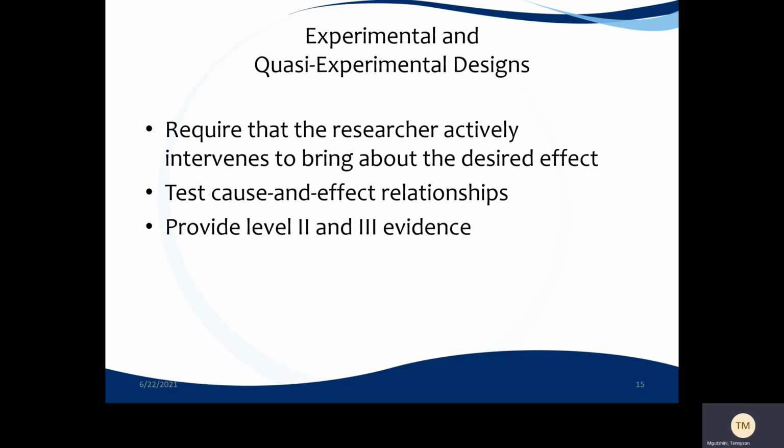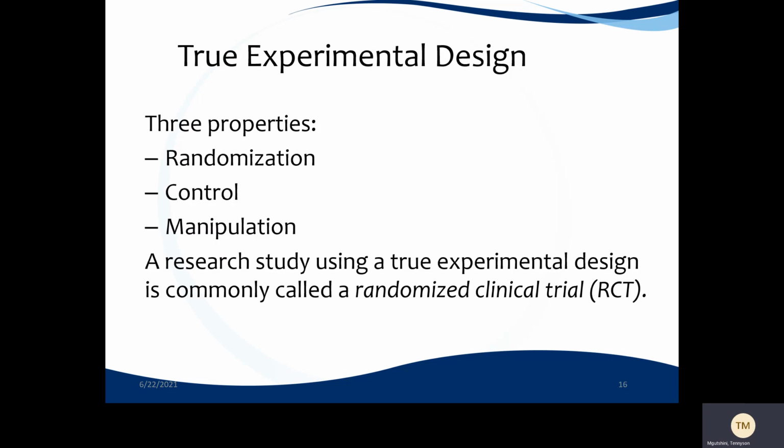The first one, and I need to explain to you, the experimental design. It generally has three properties. And these three properties are what make it an experiment. So for something to be an experiment in the true scientific research way, it must possess three characteristics. And these are three characteristics that make something a true experiment, or make something fall under the true experimental design category.